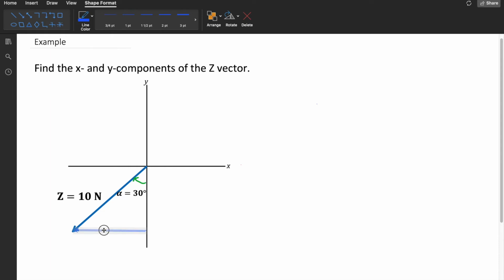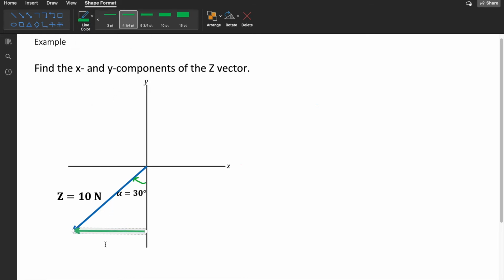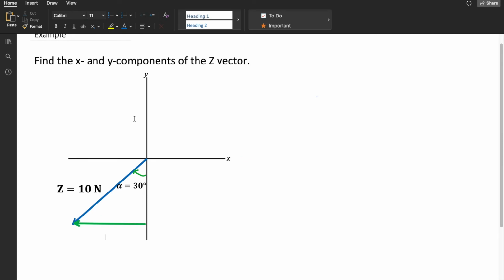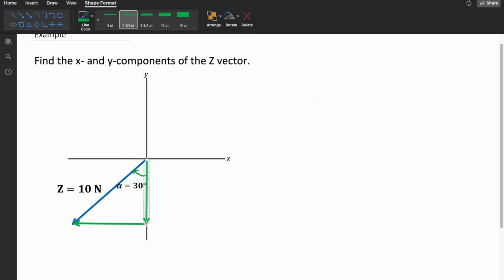This is horizontal, so this is your ZX. And then the vertical one, vertically downward, is your ZY.